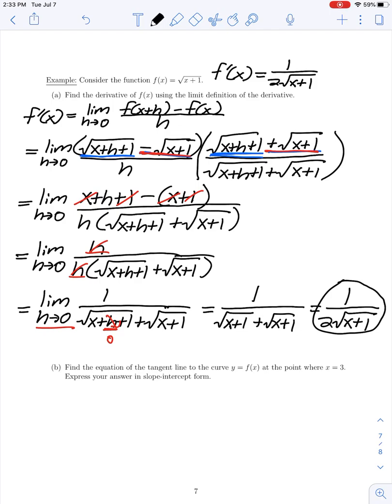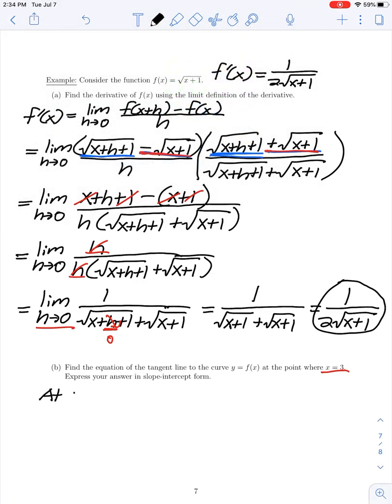Now in part B, we have the same question that we were considering in the previous example, where we are asked to find the equation of the tangent line to the curve y equals f of x at the point where x is equal to 3. So again, there's two things I need for the equation of a line. One is a point on the line.